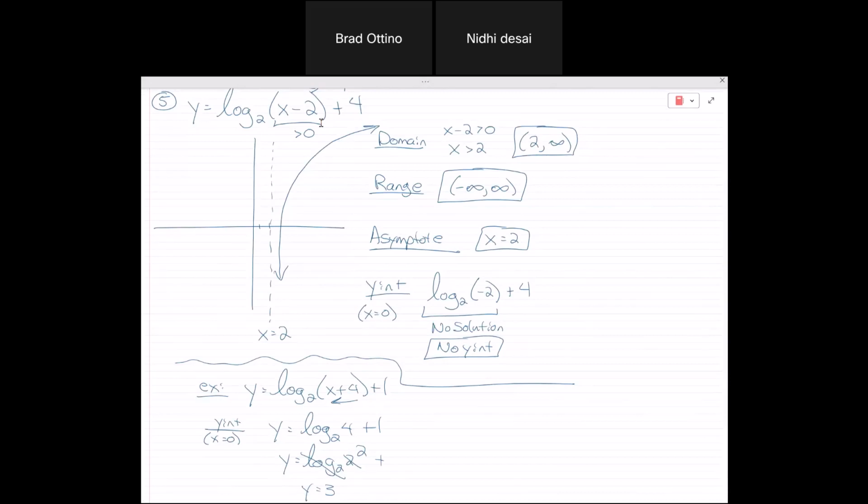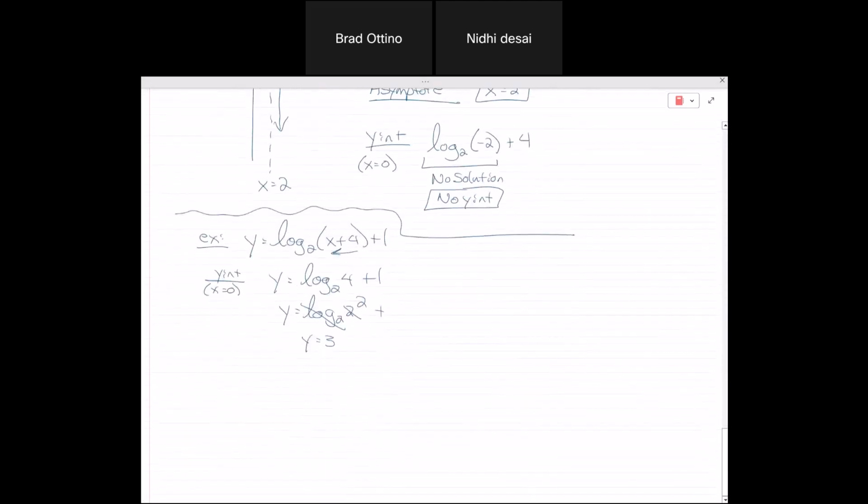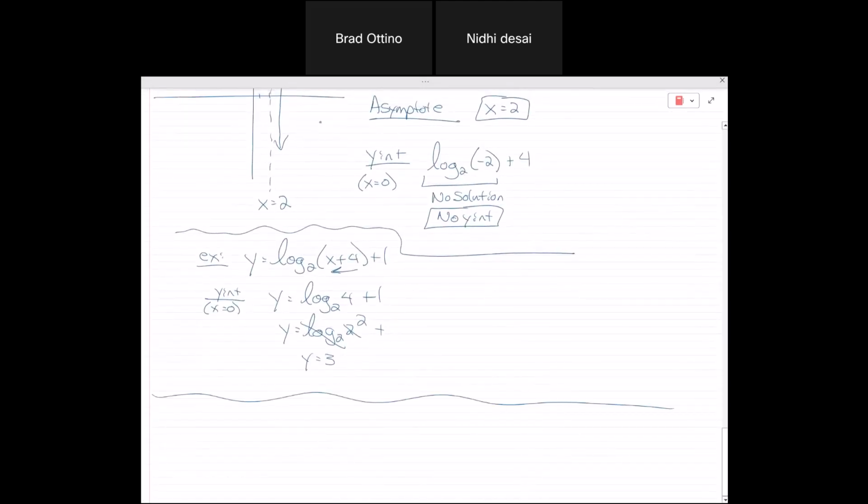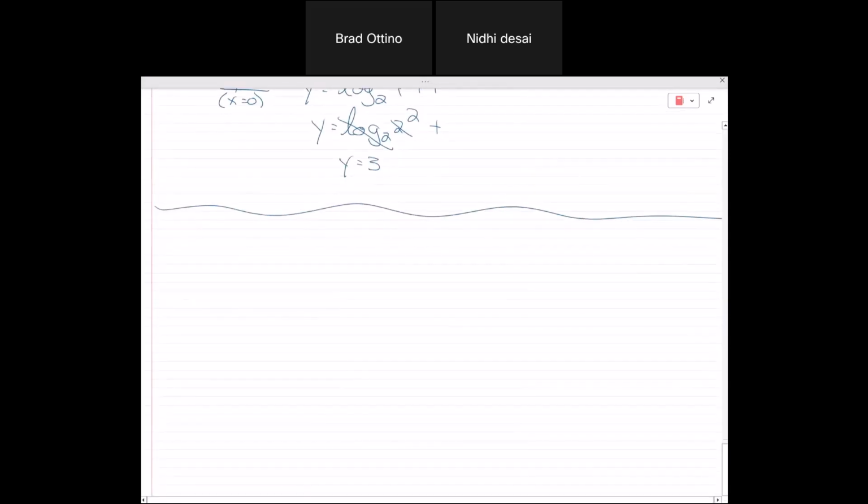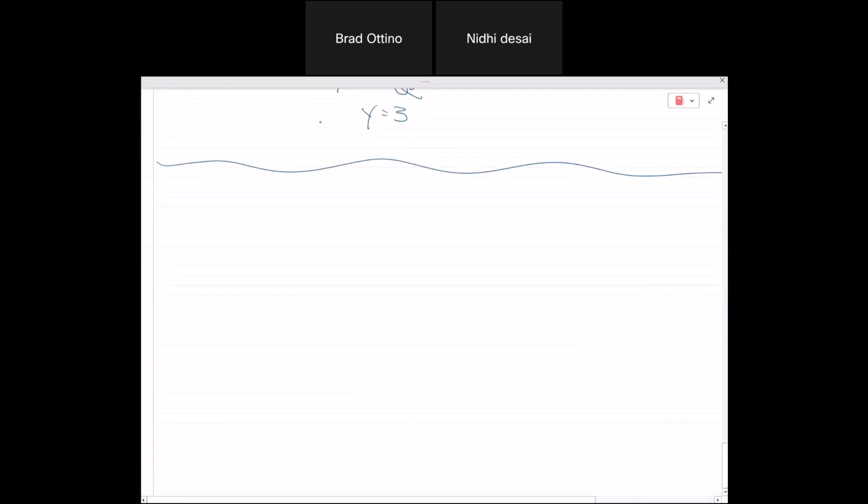The next one is a difference quotient problem. Okay, so problem number 6. It asks us to find the difference quotient, and it'll tell you the difference quotient.